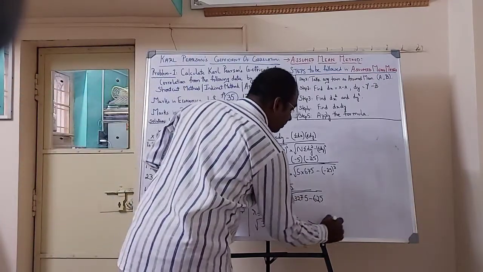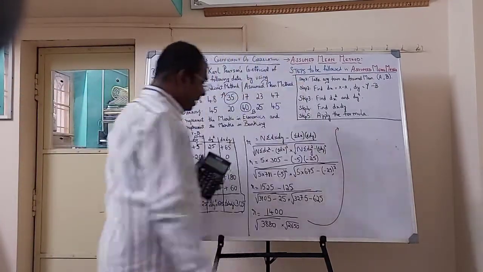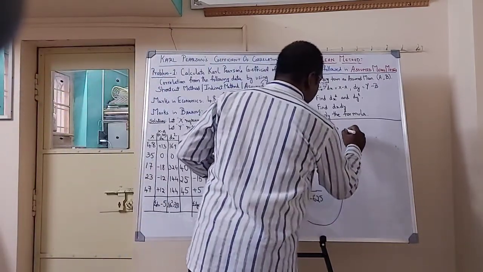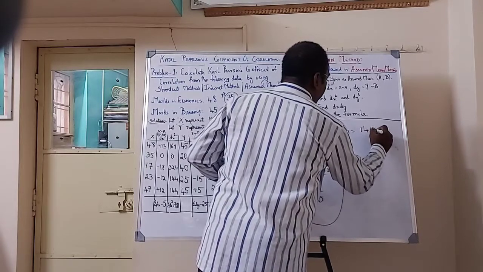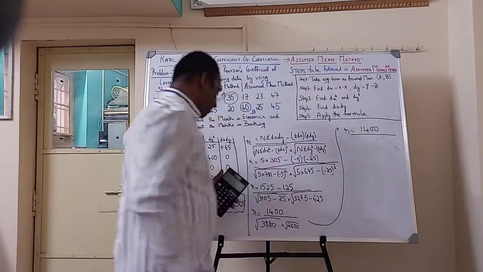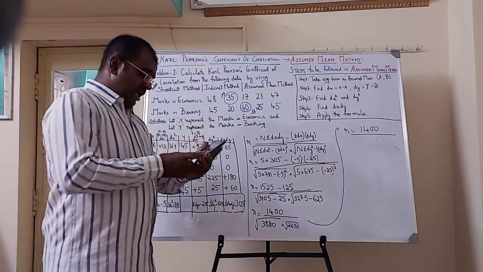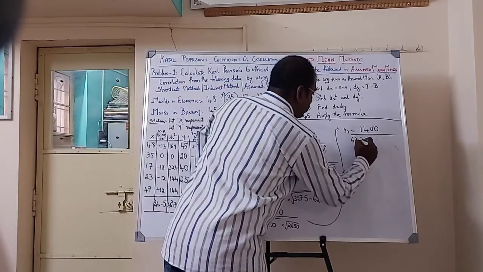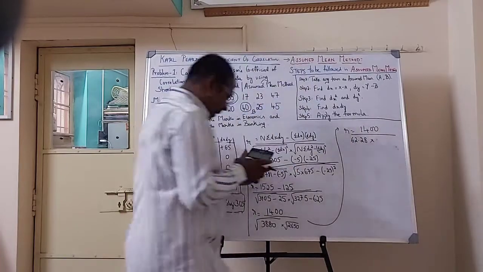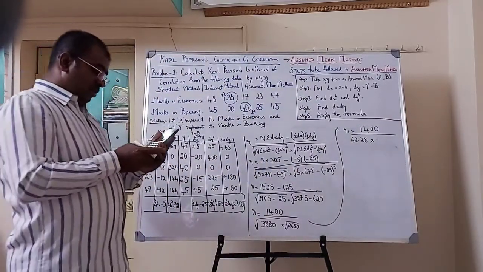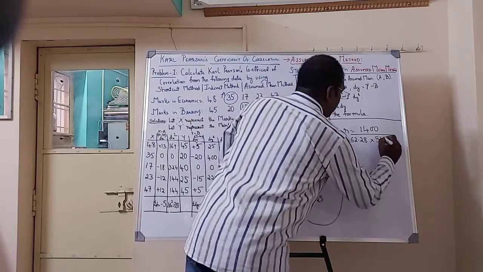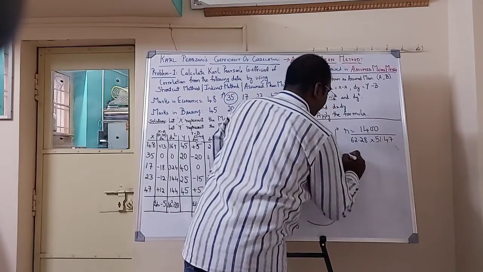And now I'll further continue here due to shortage of space. So r is equal to 1400 divided by square root of 3880, 62.28, into square root of 2650, 51.47.